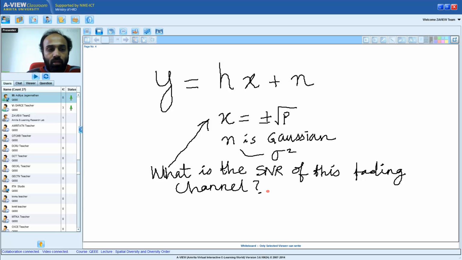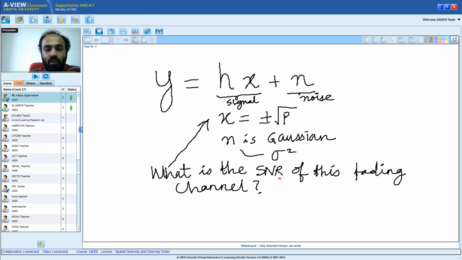Look at this, in this fading channel, what is the signal? This is the signal part. What is the SNR? By that I mean the SNR at the receiver, the power at the receiver relative to the noise. Can someone tell me what is the SNR at the receiver?